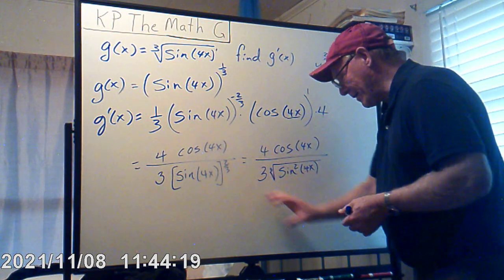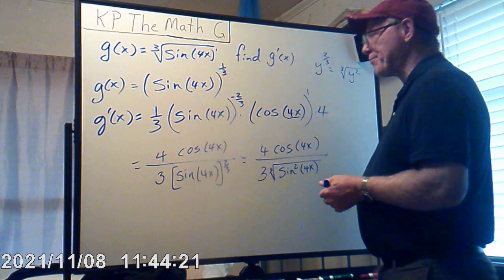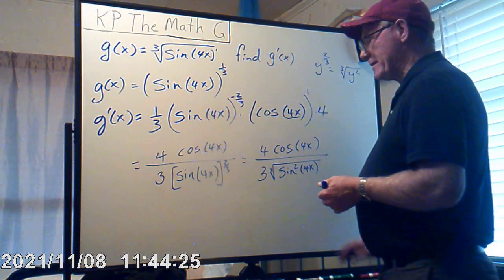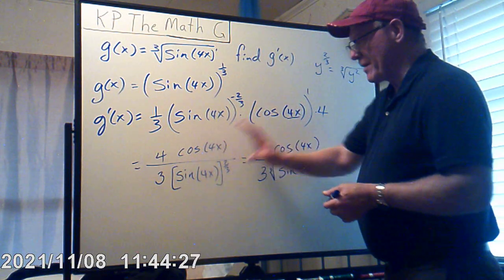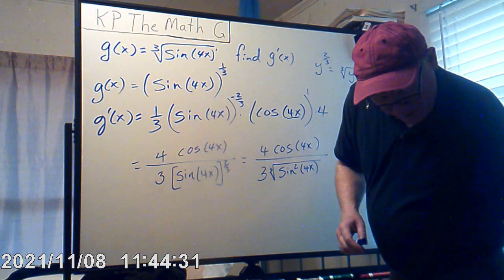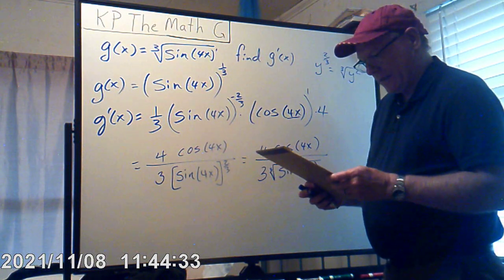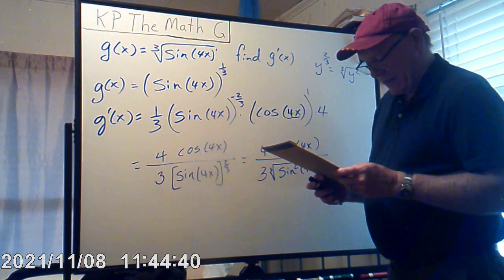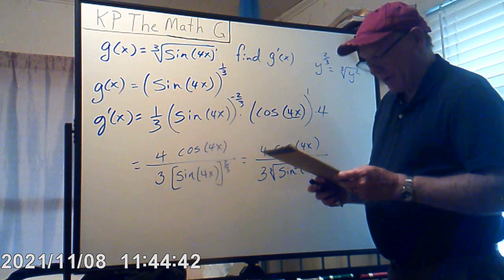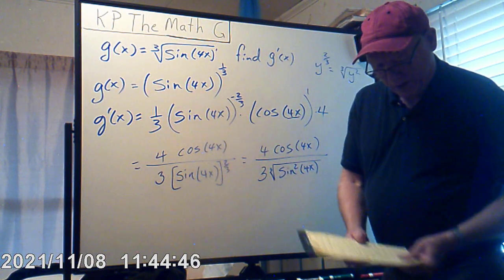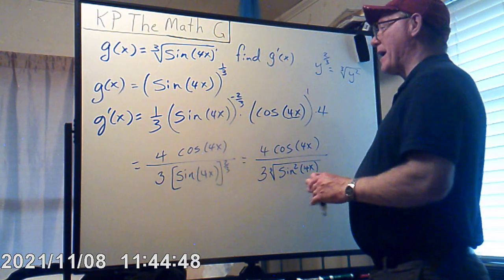Anyway, there it is. So that is what we've been dealing with here. I don't know if I want to do one more or not. I do think this will suffice. It can get more complicated, so I'm going to leave it at this.